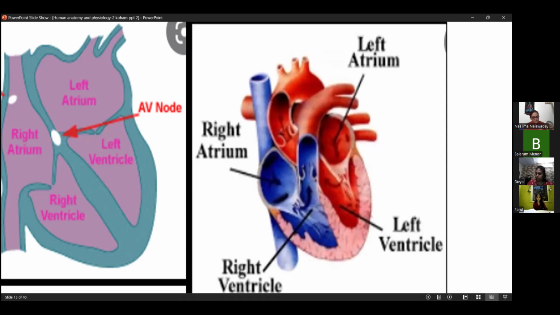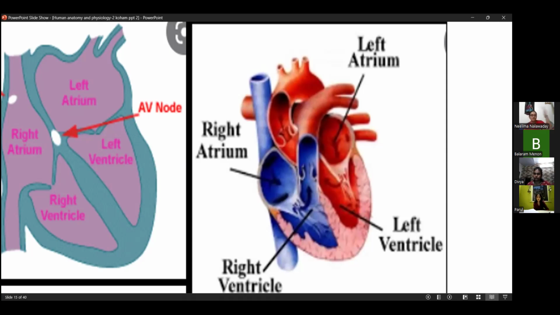carries this deoxygenated blood towards the lungs, and the lungs transport this oxygenated blood into the left upper chamber of the heart. From the left atrium, it goes down to the left lower chamber, that is called the left ventricle. Left ventricular muscles are very strong and it contracts very strongly, so that this blood goes into the arch of aorta, the largest artery of the body.